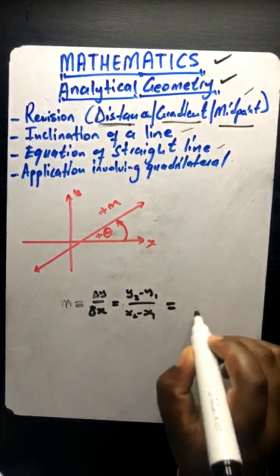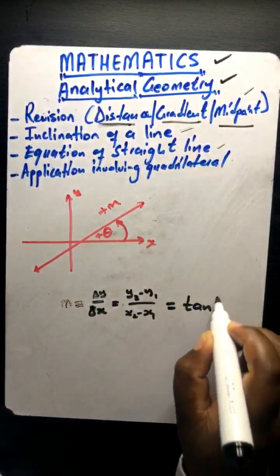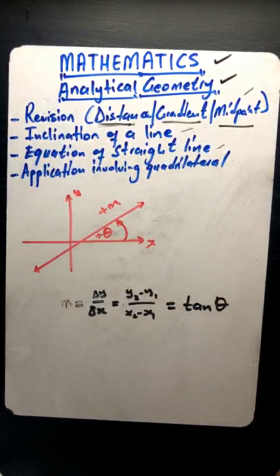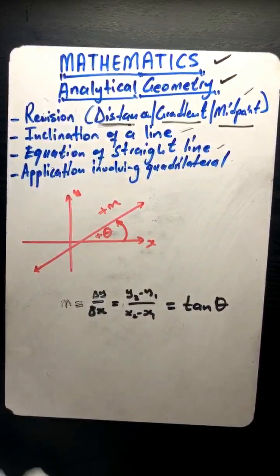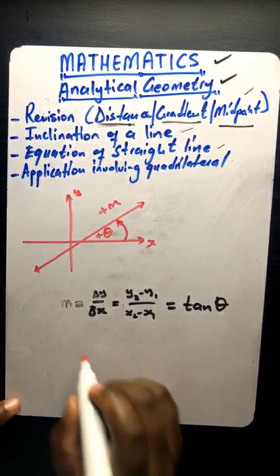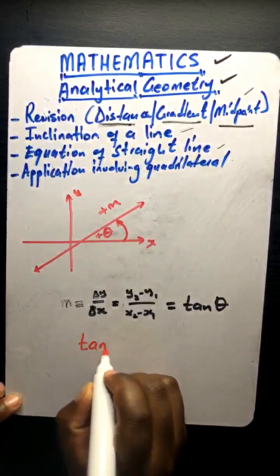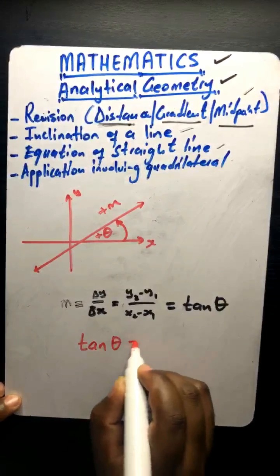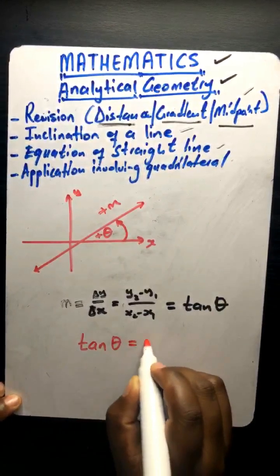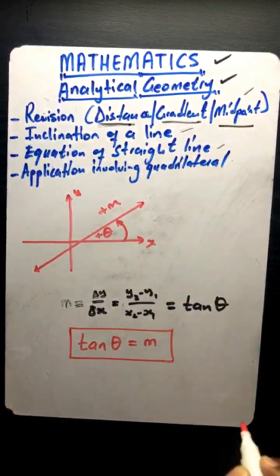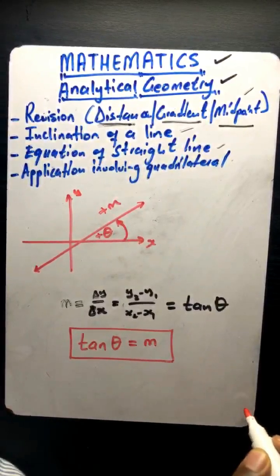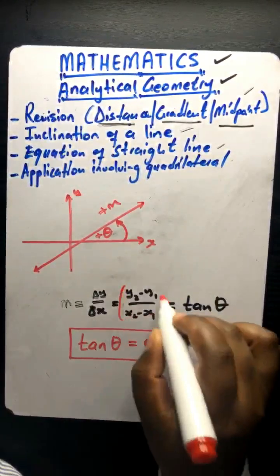The whole of that is equal to this trig ratio, tan theta or tan angle. In conclusion, you can say tan angle is equal to the gradient.